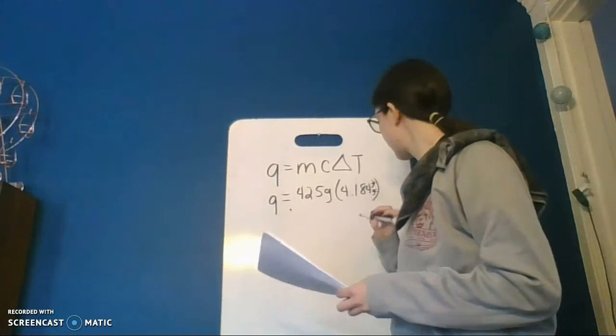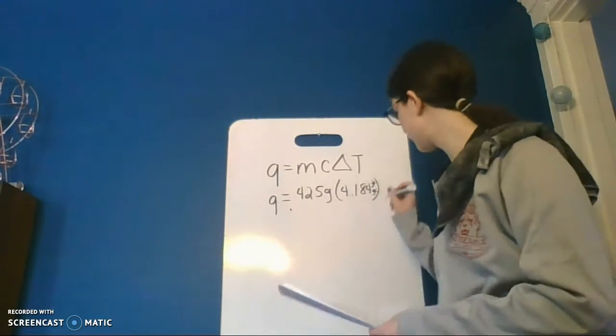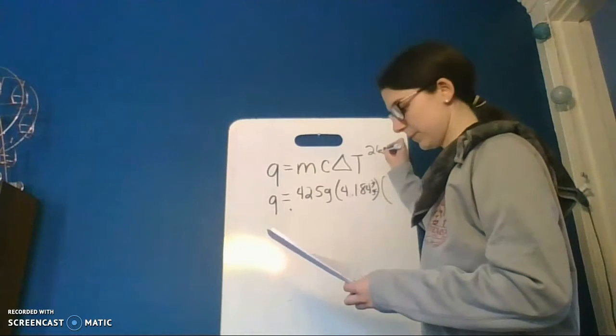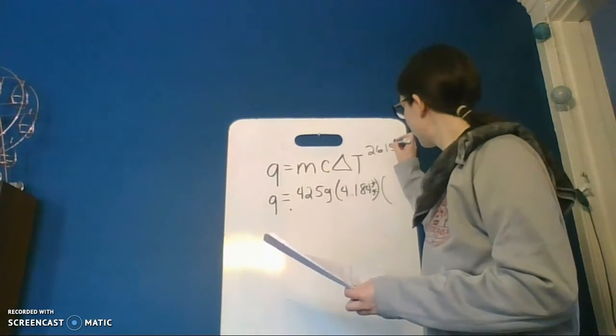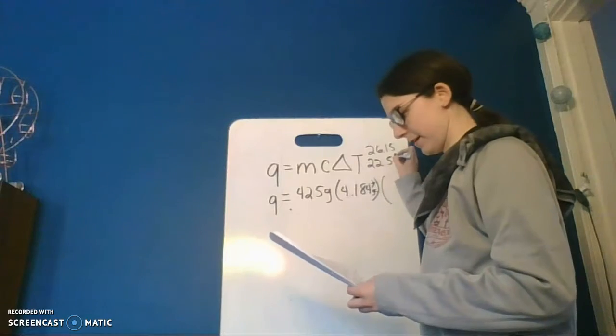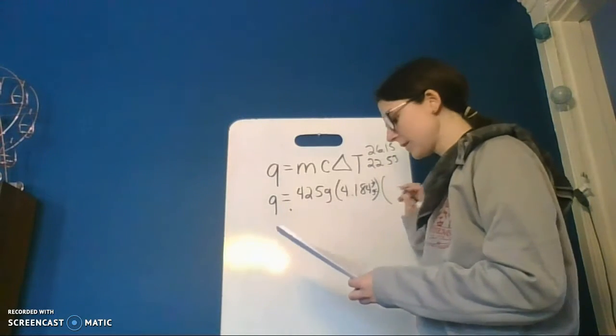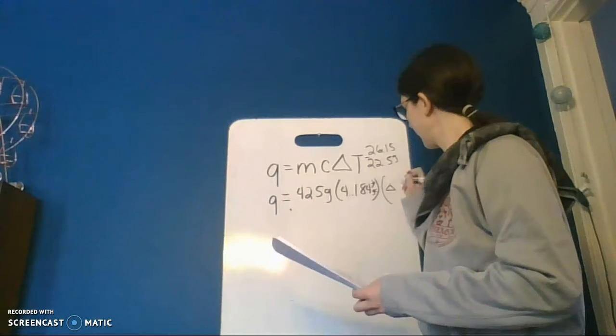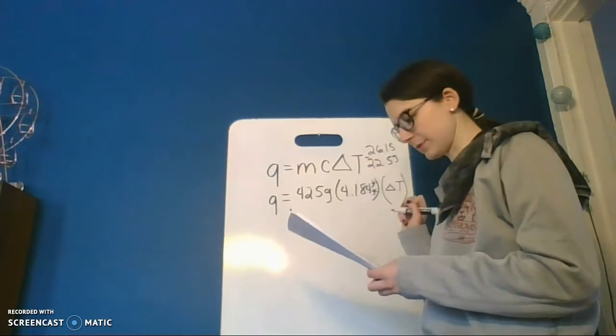We'll use Celsius this time. And then times the change in temperature. The final temperature was 26.15, and the initial temperature was 22.55. So we'll plug in that difference there. I'm just going to write delta T there because we're out of room.